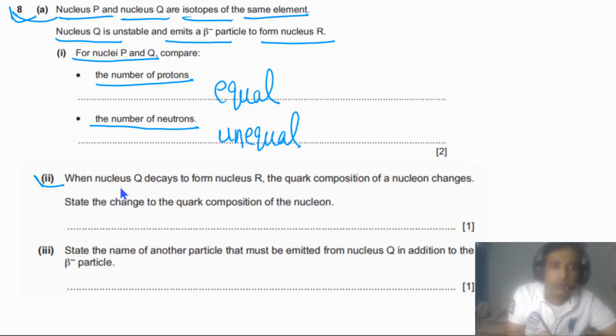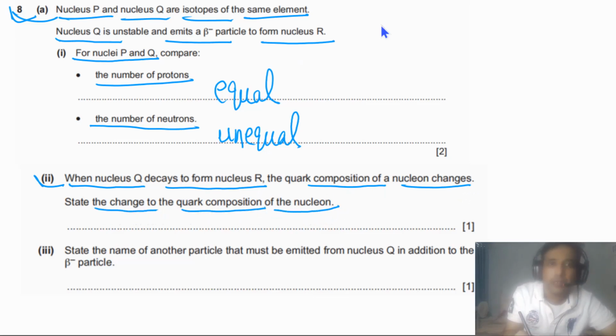Part 2 says when nucleus Q decays to form nucleus R, the quark composition of a nucleon changes. State the change to the quark composition of the nucleon. We have nucleus Q. It decays into nucleus R by emitting a beta minus particle. If a beta minus particle is emitted, then there must be an electron anti-neutrino as well.